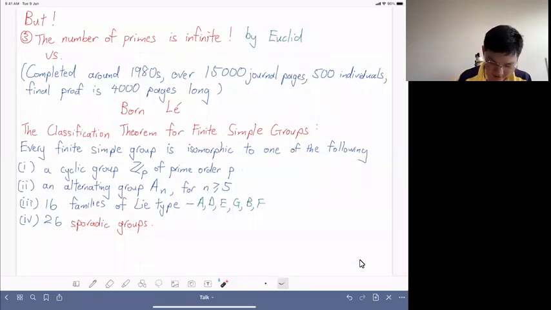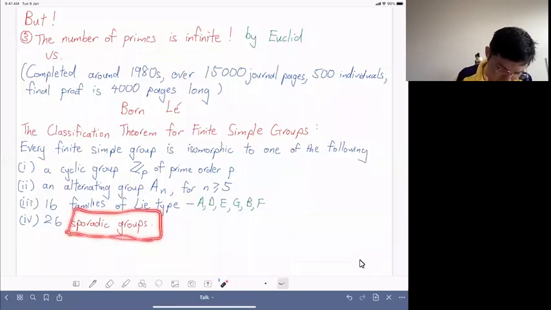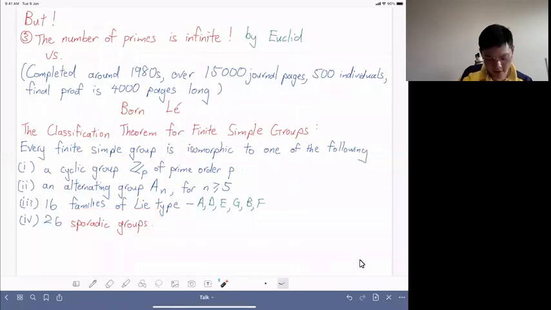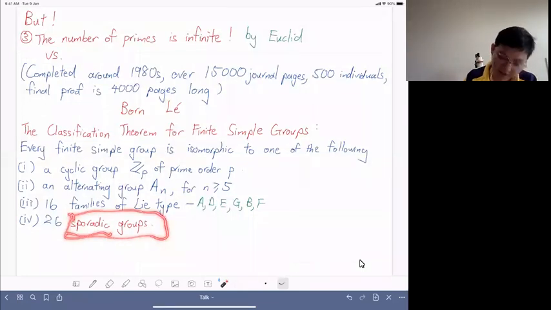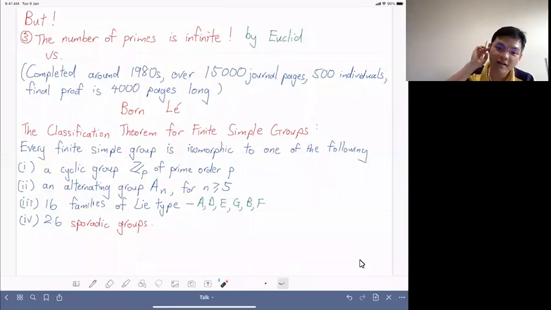I already listed all of them here. These are the cyclic groups, the alternating groups A_n, then the groups of Lie type, and then the sporadic groups. These sporadic groups don't belong to any other families. They are not classified, so they are isolated. They are sporadic.